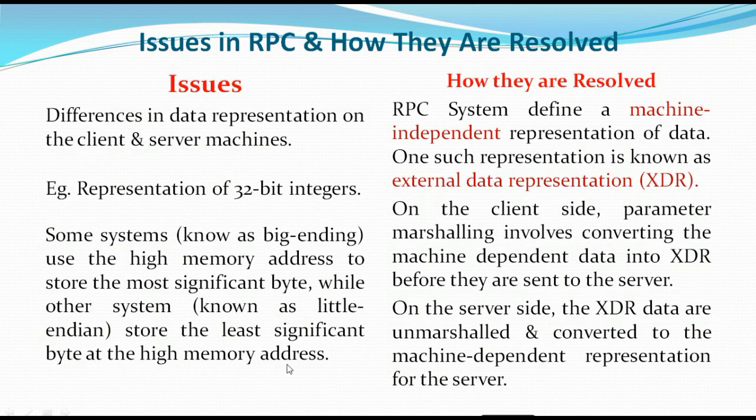This is the issue we have in remote procedure calls. Or, if one system represents a 32-bit integer, another computer may represent a 64-bit integer. This is the difference in data representation on client and server machines.